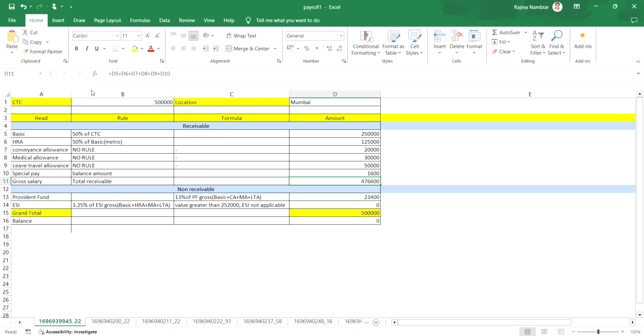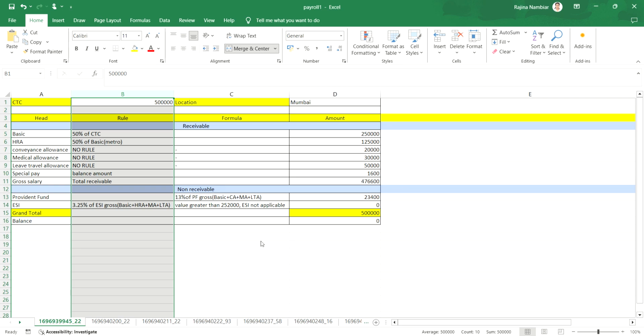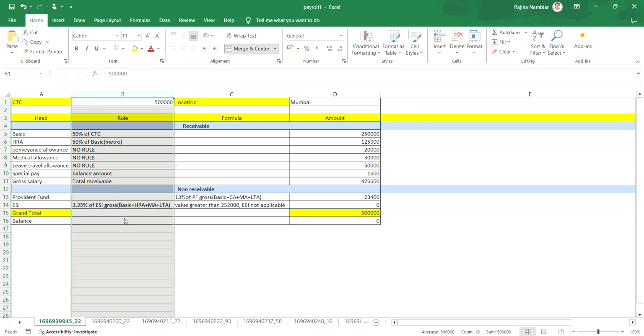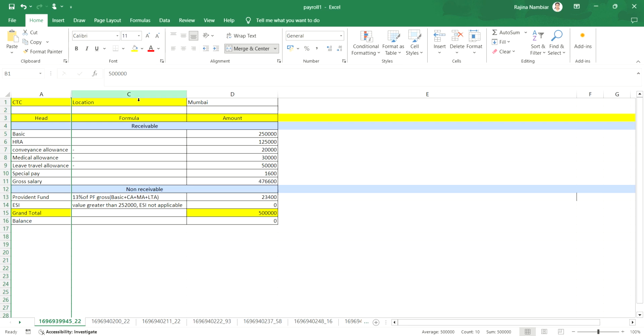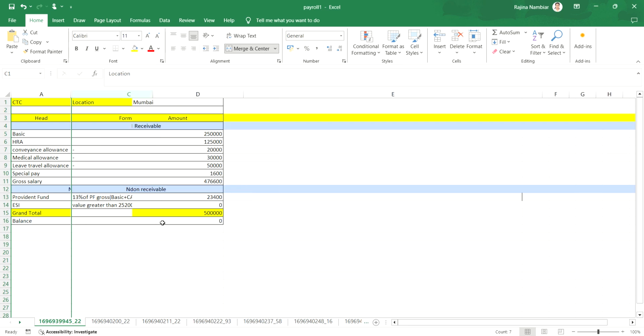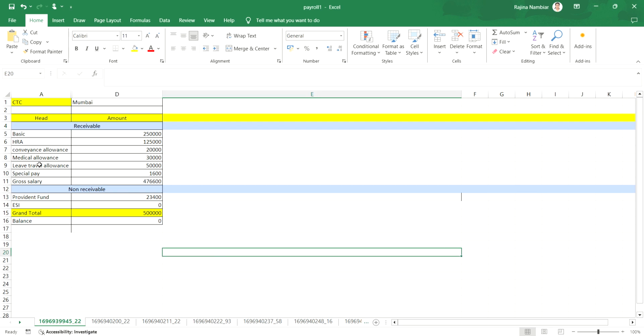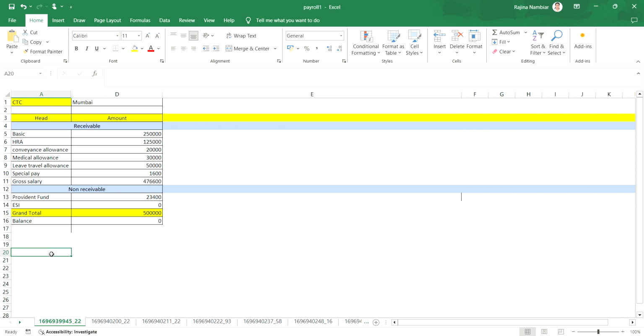Now what we are going to do is copy this head. We will copy this head. Hide this. This part is not here.